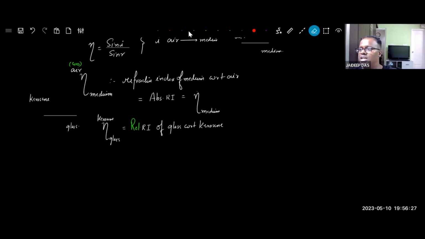Now let us understand, ये रिफ्रैक्टिव इंडेक्स मुझे बोलता क्या है, what does RI tell all about. Let's say eta glass is equal to 1.3.